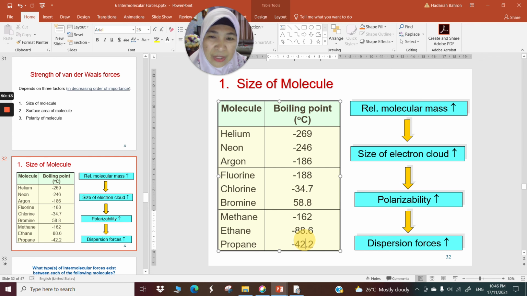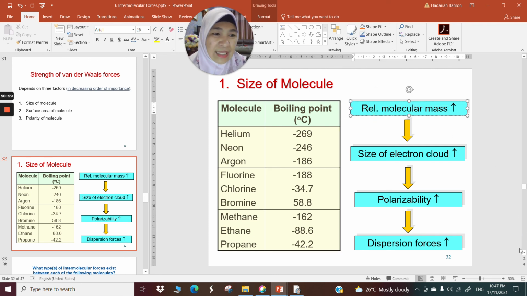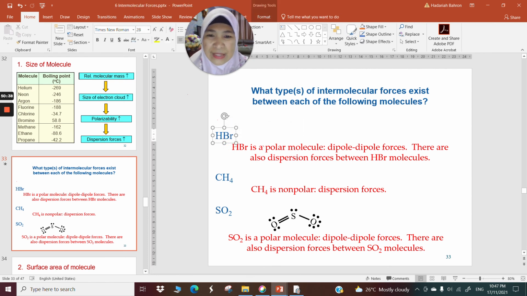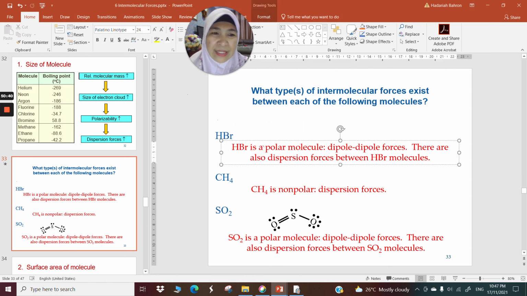The higher boiling point signifies a higher degree of van der Waals forces existing intermolecularly in those molecules. I'm sure you can have a look at these slides and make sense of it yourself. I'm going to let you go through this slide yourself and get the explanation yourself.